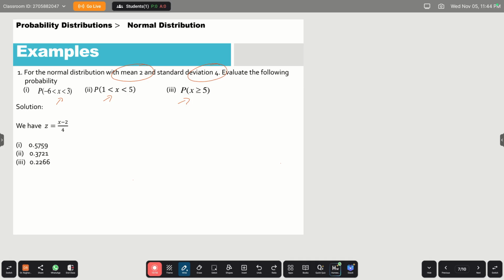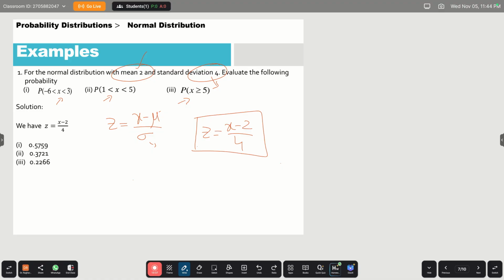As I already told you, to convert any normal distribution to standard, our substitution is z = (x - mu)/sigma. Here mu is 2 and sigma is 4, so our substitution will be (x - 2)/4.